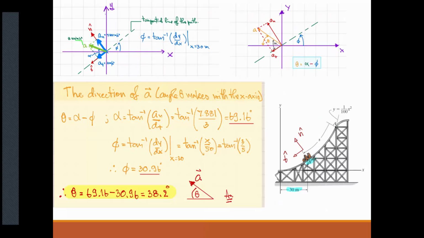Then the angle theta, which represents the direction of the total acceleration measured from the x-axis, is equal to 38.2 degrees. So that should complete this problem.